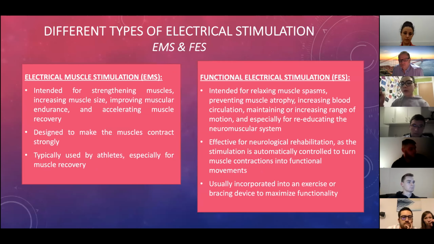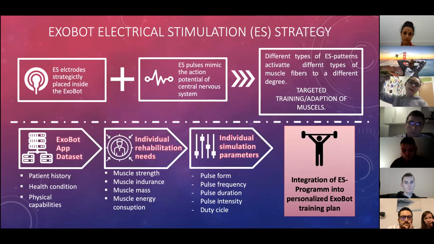And actually, there are several types of electrical stimulators that can be used. The idea is that the Exobot is made of specific electrodes and sensors that release the electrical stimulation. But depending on the medical condition we have to treat, we can release different types of stimulation.